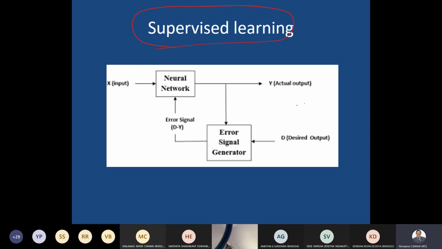So till what time do you have to train? The training will sometimes be a cyclic approach, or it will be done till this error becomes small, or this actual output becomes the desired output, right? You stop training. The training procedure will be stopped.